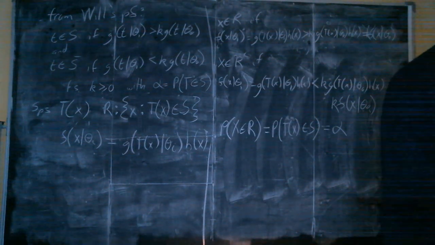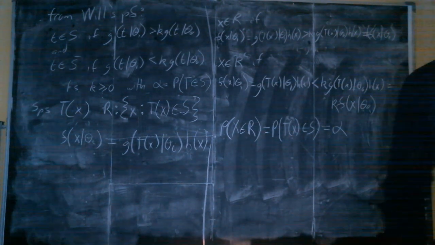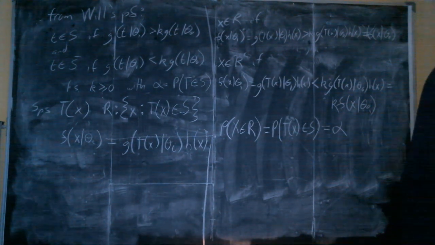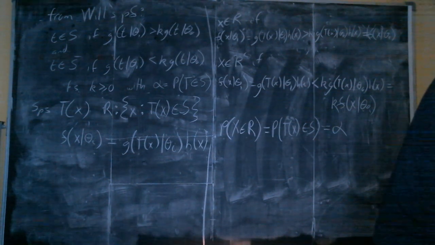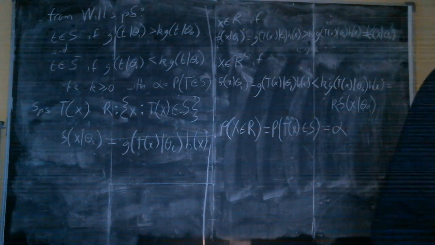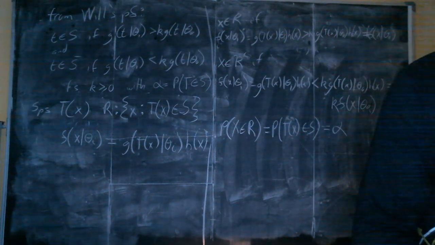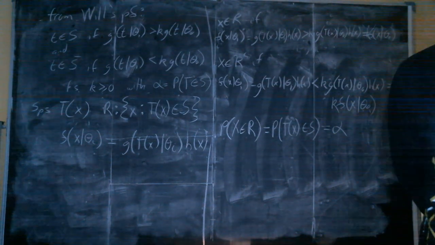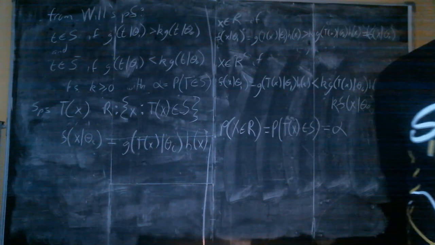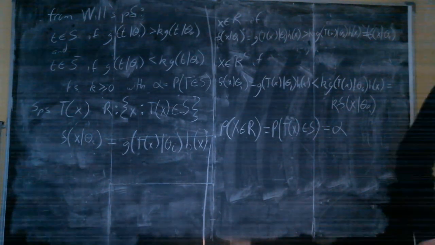Hence, if T meets these conditions, then T will be a uniformly most powerful level alpha test. Now, it is important to note that this follows from the sufficiency portion of the Neyman-Pearson lemma, and that it speaks to when we know we have a uniformly most powerful test or not.